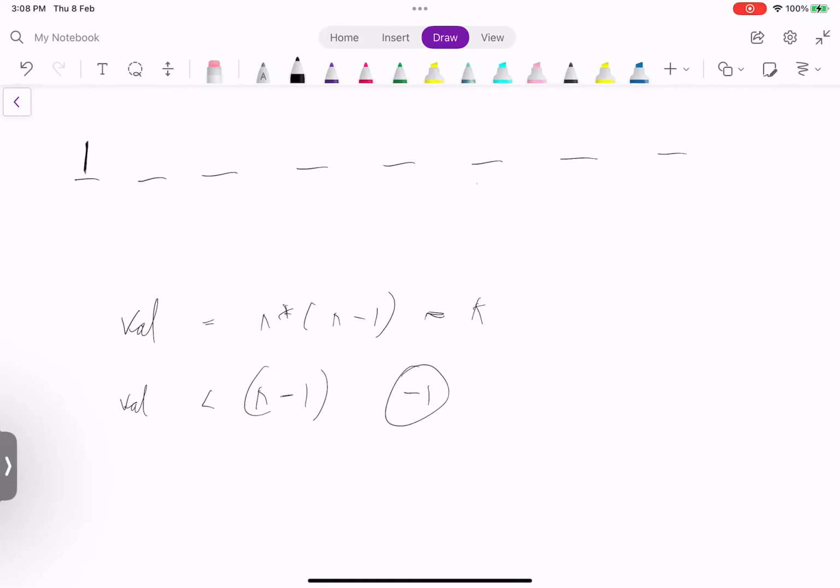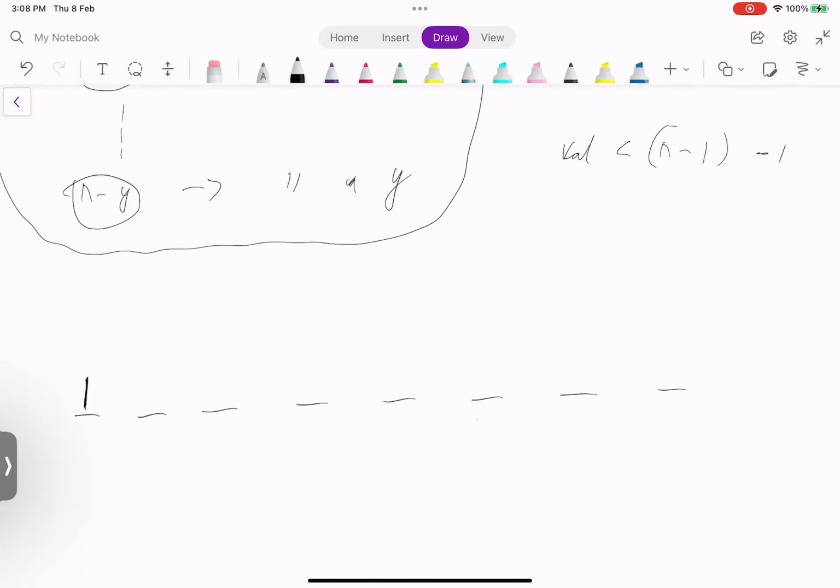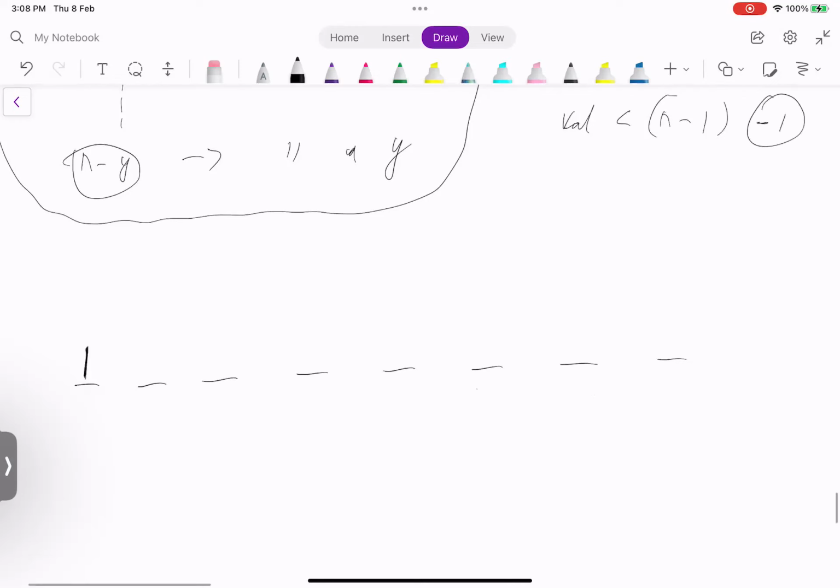So in this scenario, it's minus 1. Right? So firstly, let us write out the basic condition, that is, if value is less than n minus 1, then it's impossible to construct the permutation. So it's minus 1. Otherwise, it might or might not be possible to construct.